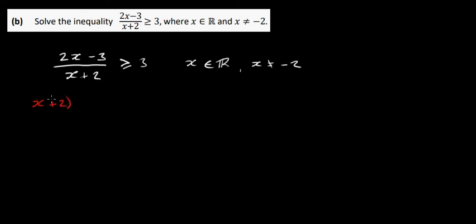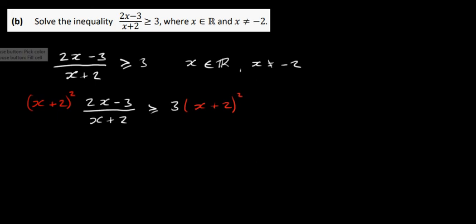I'm going to multiply the left hand side by x plus 2 squared, and I'm going to multiply the right hand side by x plus 2 squared. Now I know that what I'm multiplying across by is certainly not negative, so I don't have to worry about flipping this sign around. I know it has to remain like this. So let's just do this and see what happens.